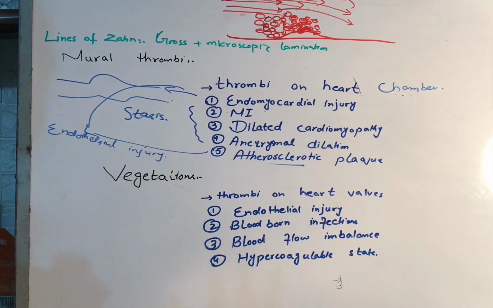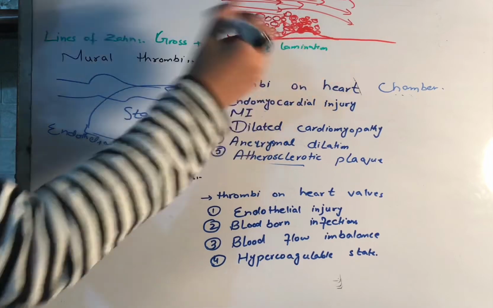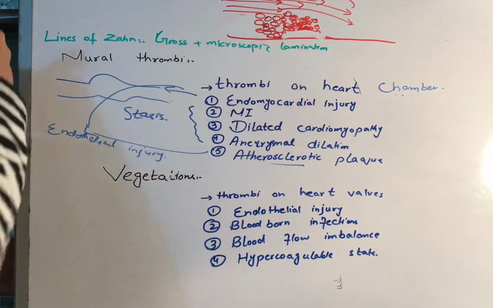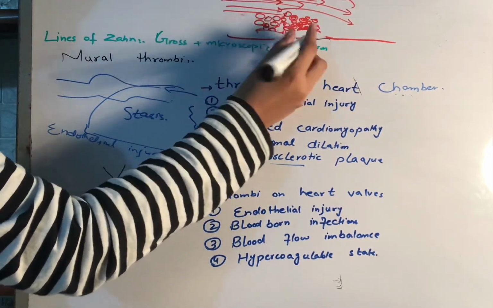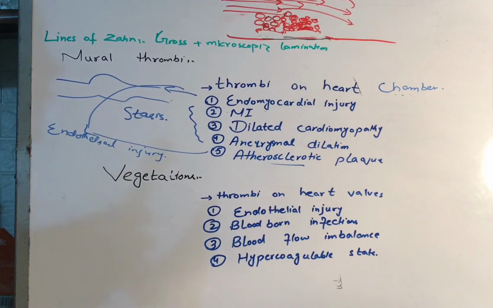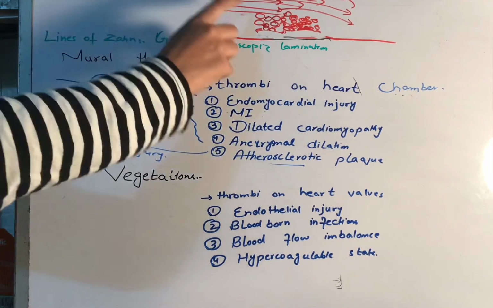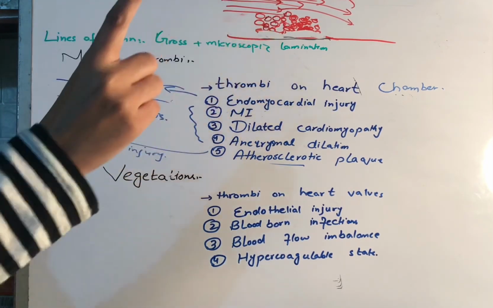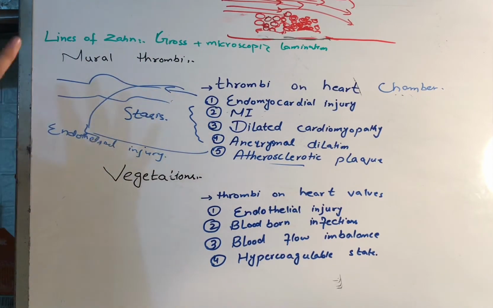But if the clot has formed in postmortem state, one thing is that there will be no attachment of this clot with the underlying surface, because the reason here is not any endothelial injury or anything else. So the clot will not adhere to the underlying surface, one characteristic of postmortem clot. Second, it will not show any lines of Zahn because it is not formed in a flowing blood vessel.